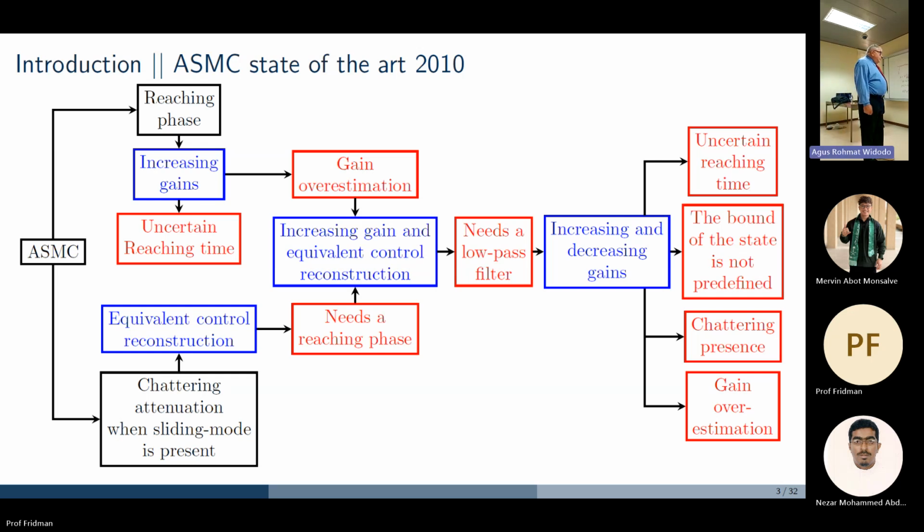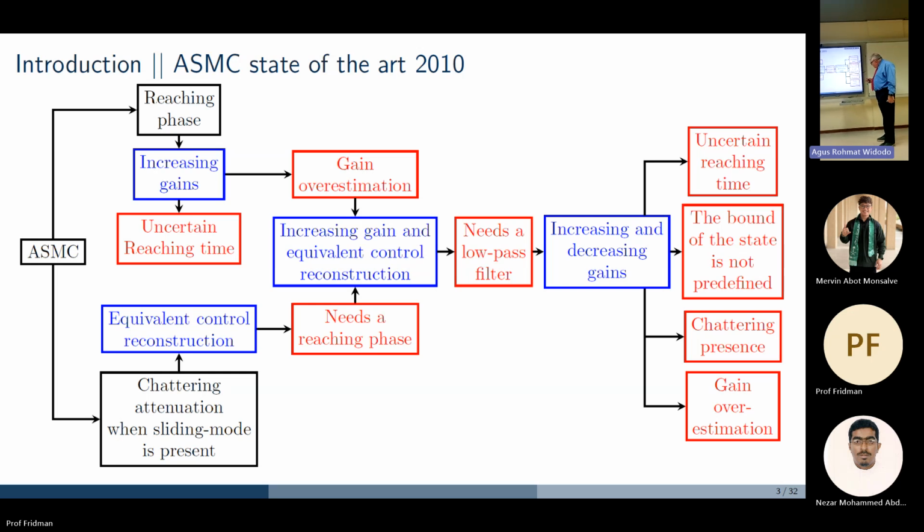So that is why it was a starting point. I was full of this idea, and so what was for me a starting point in this new line of investigation? The uncertainty of reaching time, and the bound of the state, which you cannot predefine.